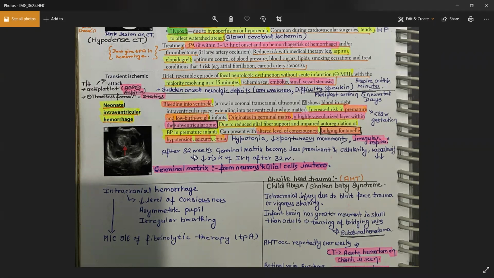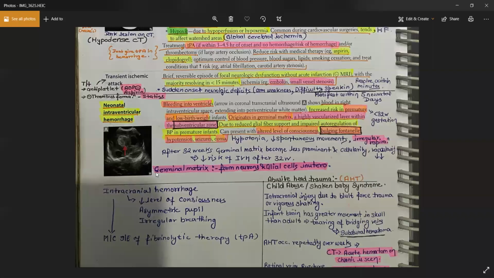After 32 weeks, this germinal matrix becomes very less prominent. The vascularity will decrease, and ultimately atrophy of this portion happens. It just disappears from the brain after 32 weeks. But before 32 weeks, this structure is present, and it is a highly vascularized structure.